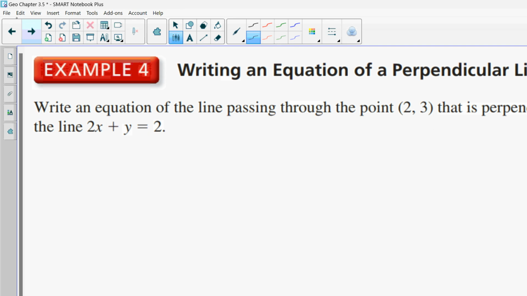Well, the equation they gave us isn't in the form y equals mx plus b, so we're not able to easily see what the slope is. But we can take this equation here and make it into the form y equals mx plus b, yes? So what do we need to do?